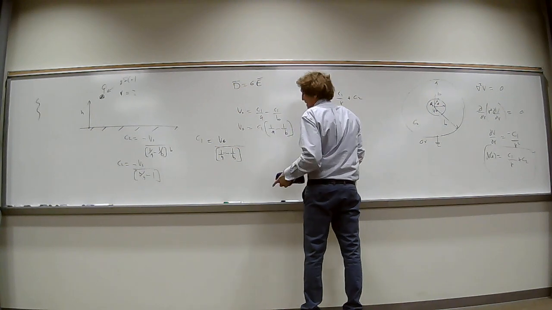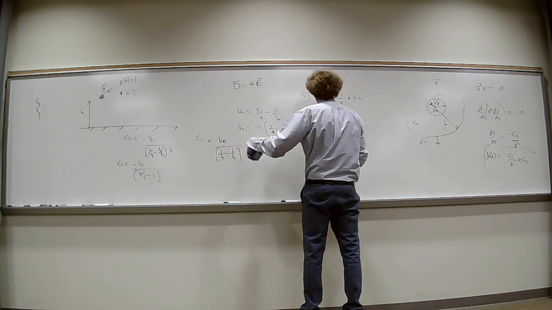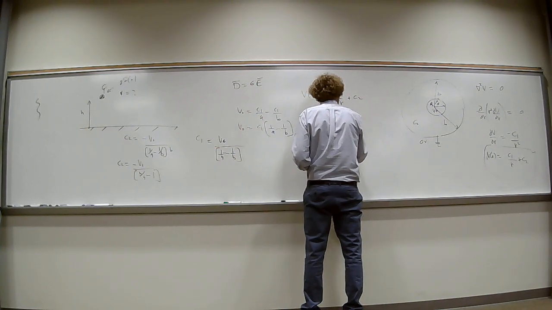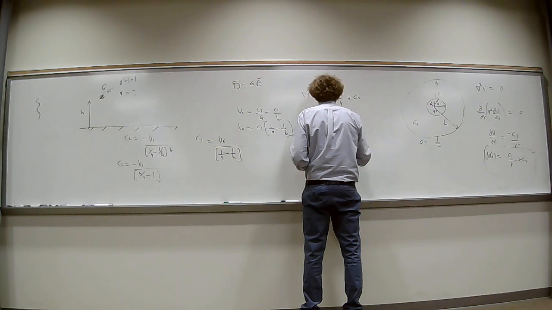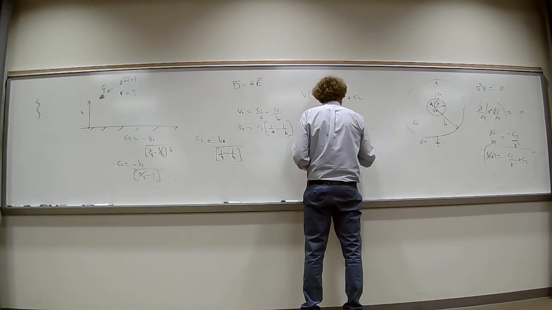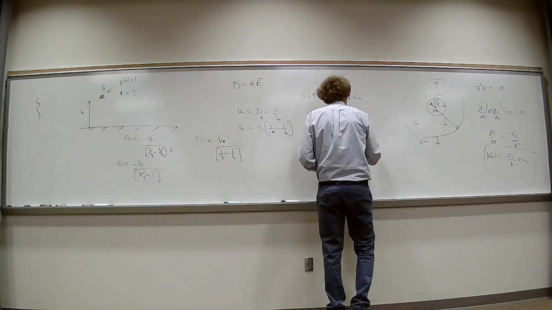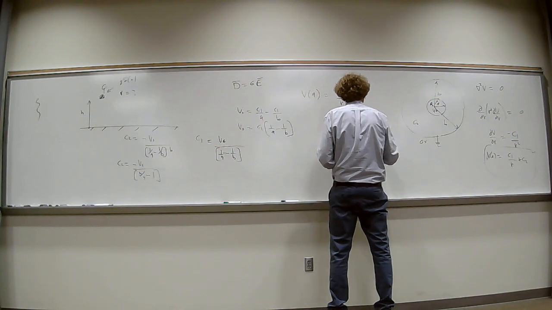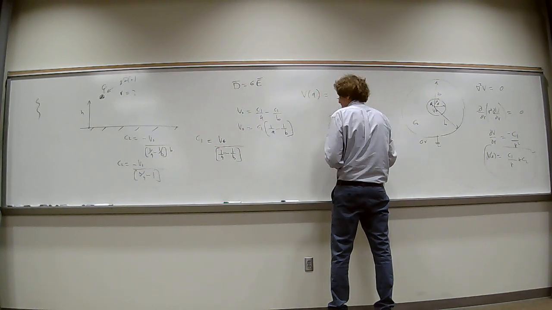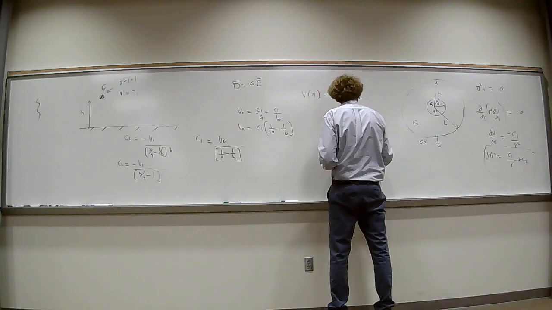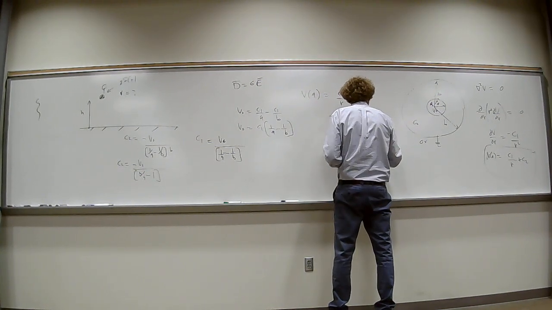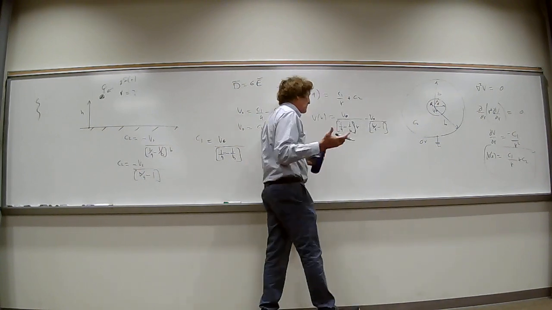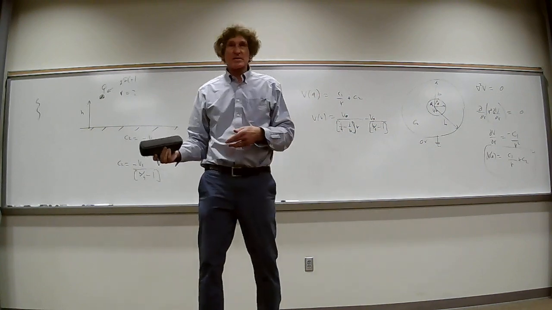And now I get C1 is V naught, if this is simplified, over 1 over a minus 1 over b, divided by r, plus C2, which is actually a minus V naught, and it's going to be divided by b over a minus 1. And that's the equation for V of r. Do you follow me on this? I went through it. I'm trying to just show you the steps.